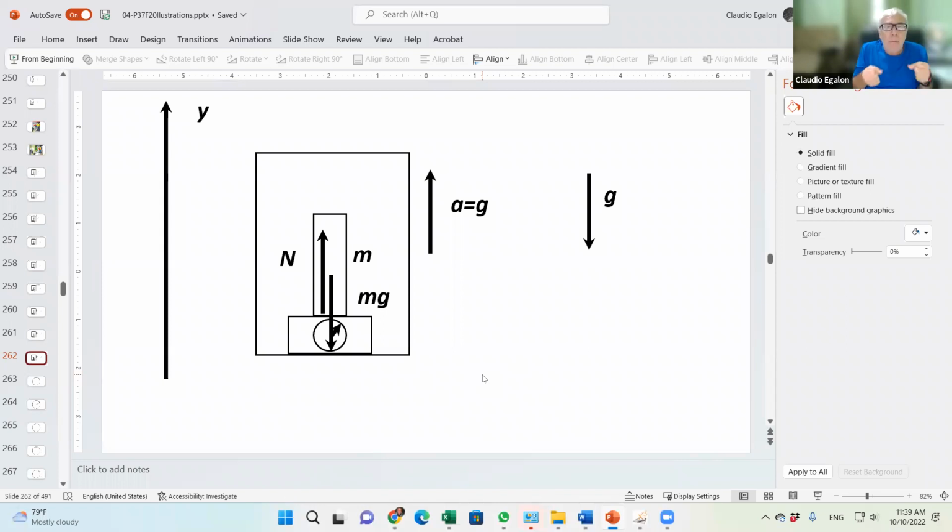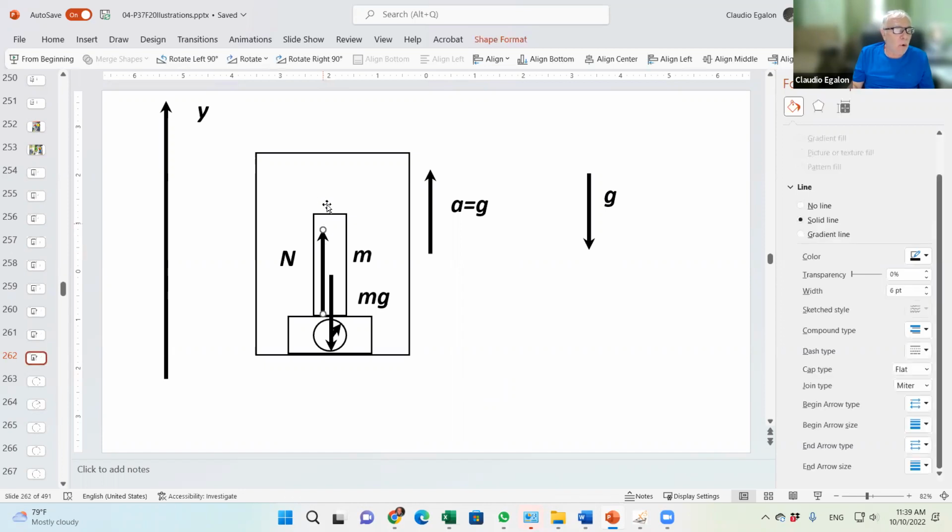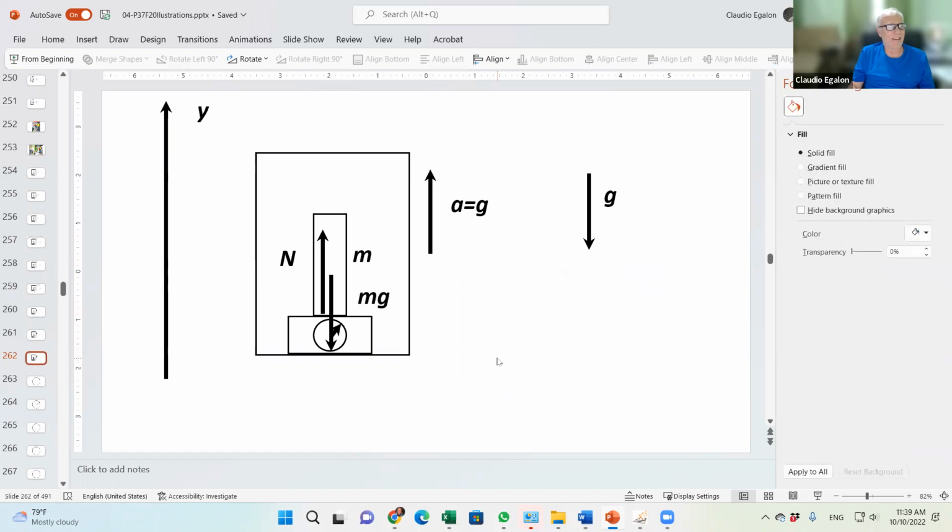What do you feel? You feel that you become momentarily heavier. And what does it mean? It means that the normal became greater than your weight. When the elevator stops being accelerated and starts to move with constant velocity, then the normal becomes equal to your weight and you have your regular apparent weight there.